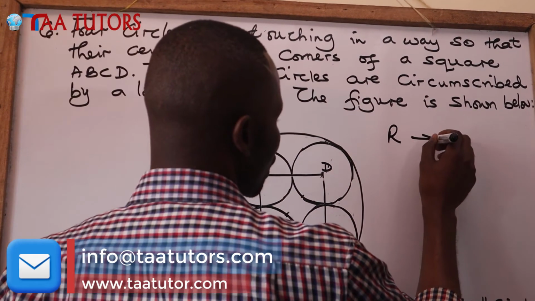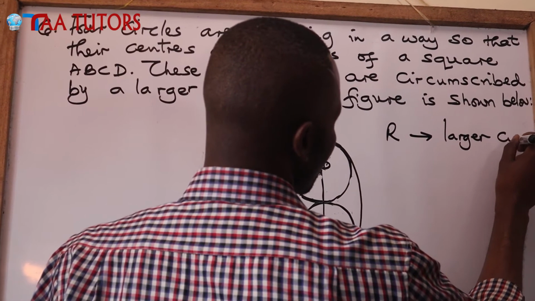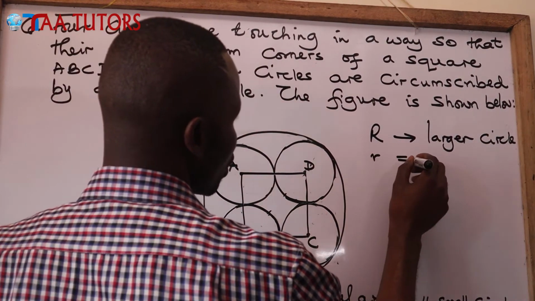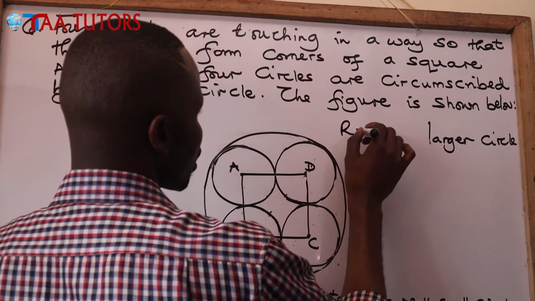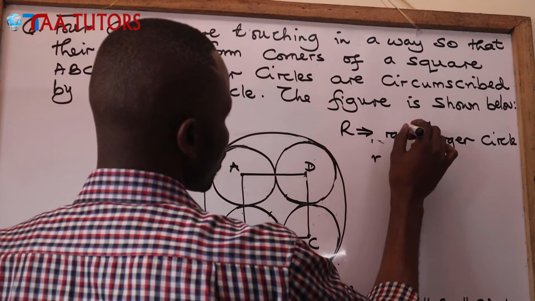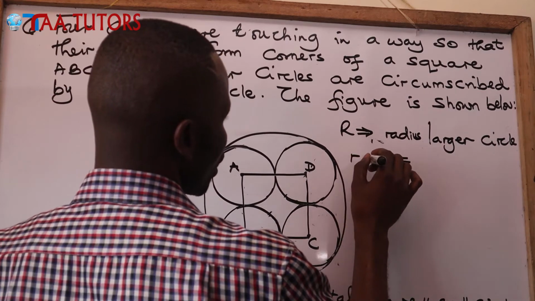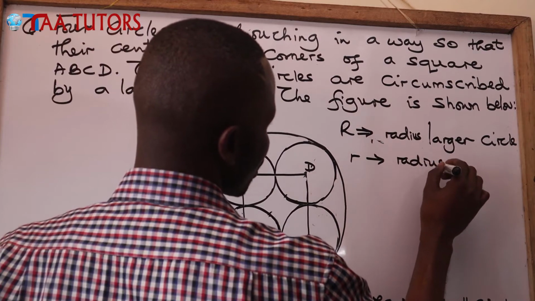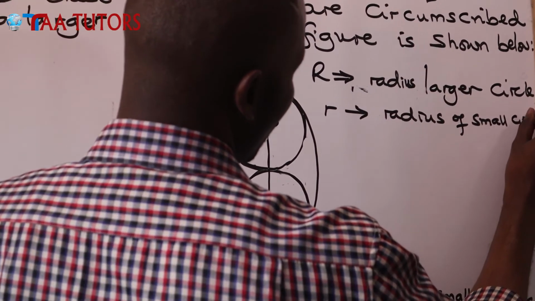Let the big R be the radius of the larger circle, and the small r be the radius of the small circle.